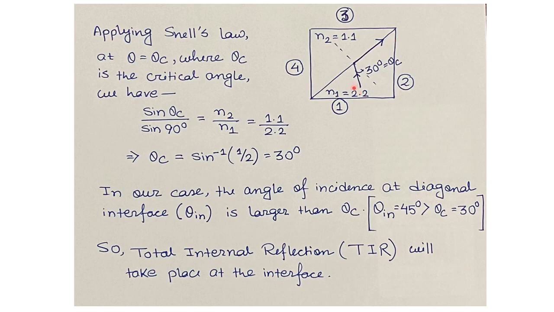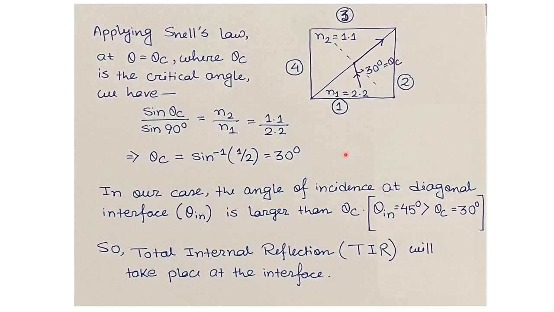To find this critical angle, we'll use Snell's law. Applying Snell's law, we get sin theta c divided by sin 90 degrees equals n2 by n1, which is basically 1.1 by 2.2. So theta c, the critical angle for total internal reflection, is sin inverse half, that is 30 degrees.